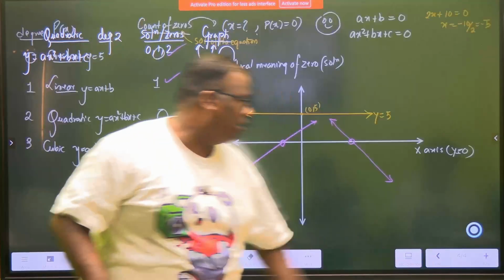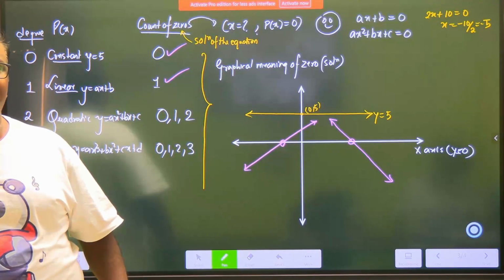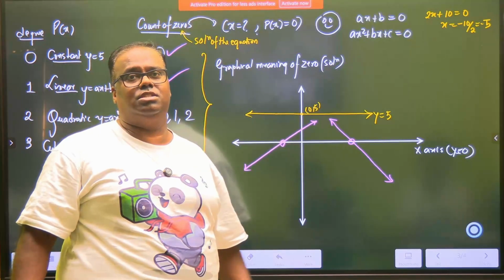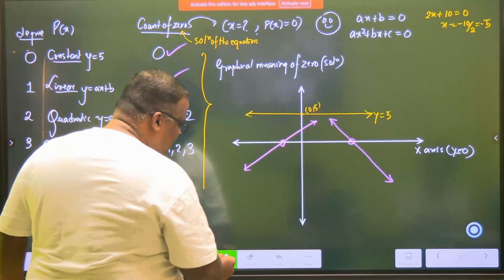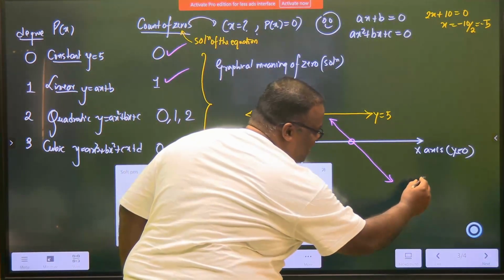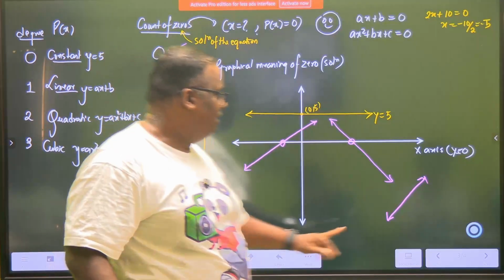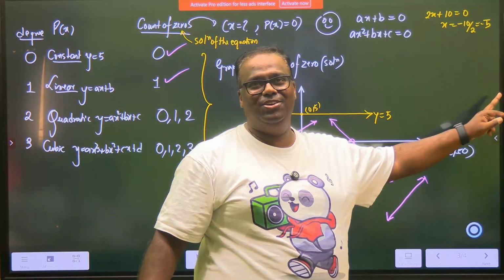Okay, let's go back. Linear equation. Can there be no zeros? It's not possible. A linear line will pass through the x-axis. Now you might think, sir, my linear graph is here. This will cross the x-axis in future somewhere. Do you agree or not?